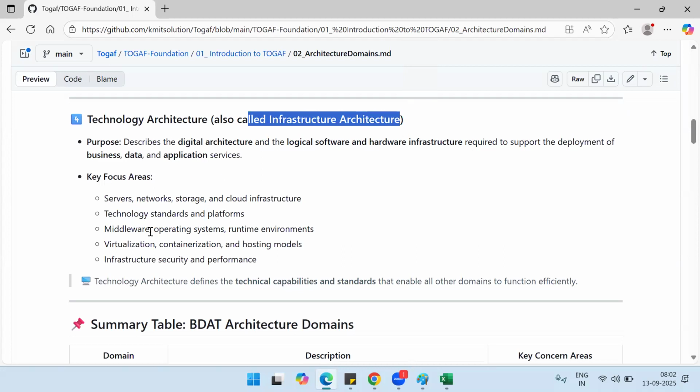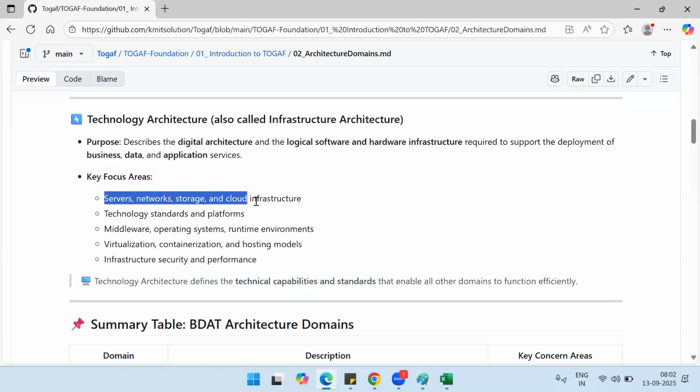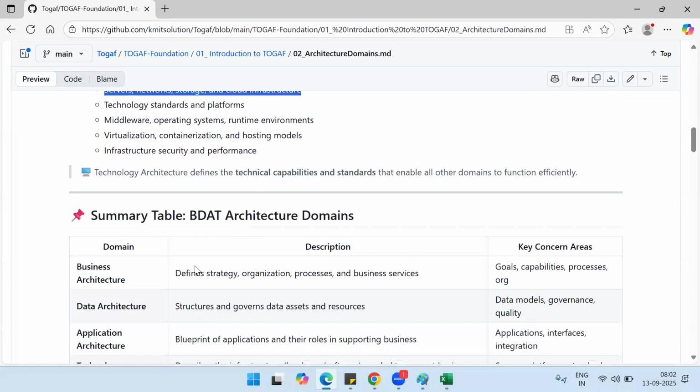The key focus areas are servers, network, storage, technology standards and platforms, middleware, operating system, runtime environment, virtualization, containerization, hosting, infrastructure security, and performance. Technology architecture defines the technical capability and standards that enable all other domains to function efficiently.